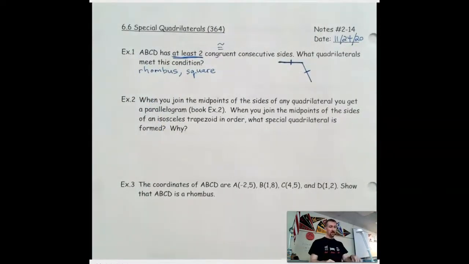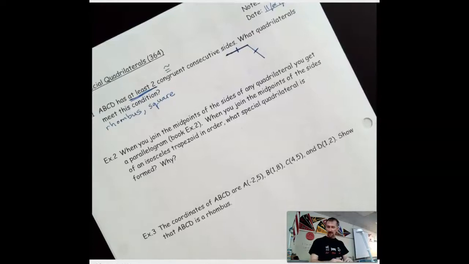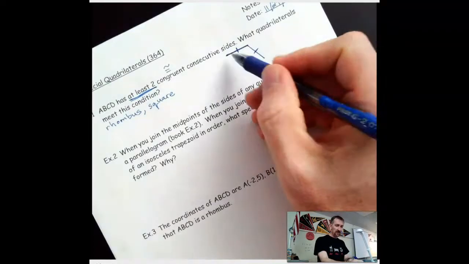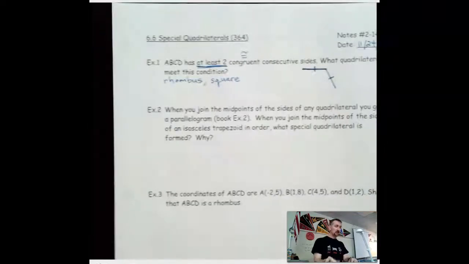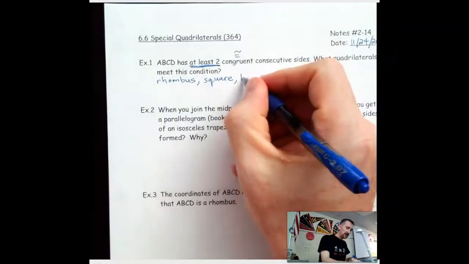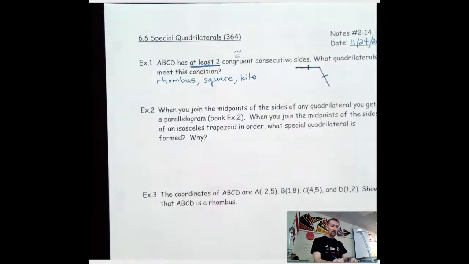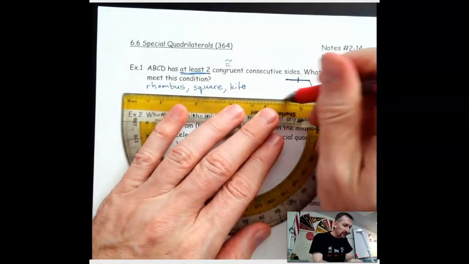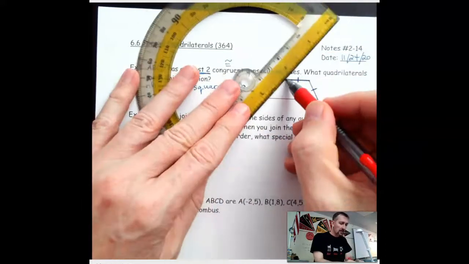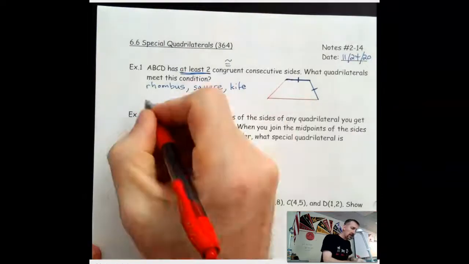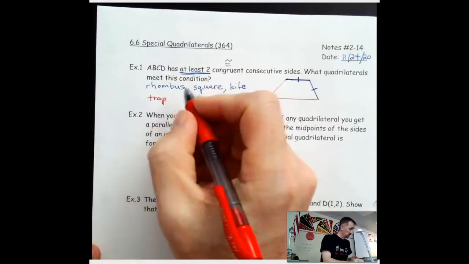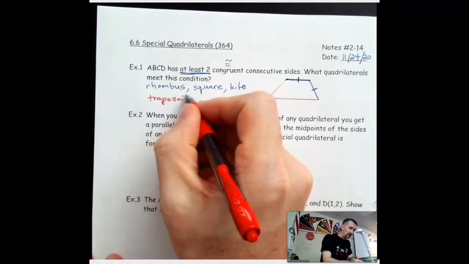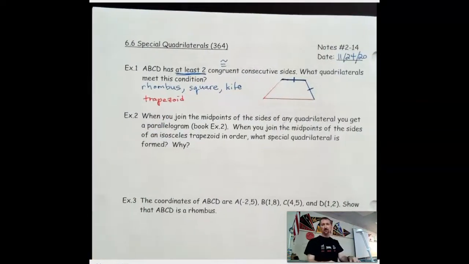Okay, what else could it be? Well, if we do that, and we bring this down here, and we do it across there, we could make a kite. So hopefully you see that we could make a kite out of that as well. Now, if we made a side parallel to that, then we could make a trapezoid. Okay, so is there anything else we could make?